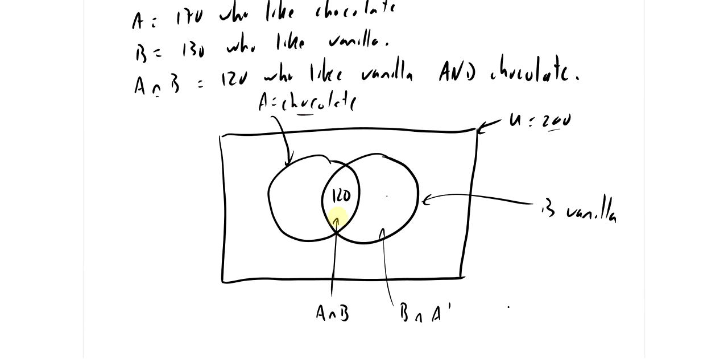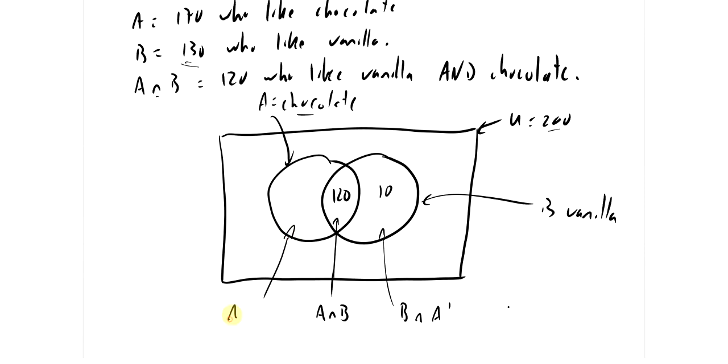How many people are standing there? Well, in the entire vanilla circle, there's 130. 120 of them are already standing here, so there must be only 10 there. So 120 people like both, plus 10 people who like vanilla but not, remember, not goes with complement, not chocolate. Those are standing there.